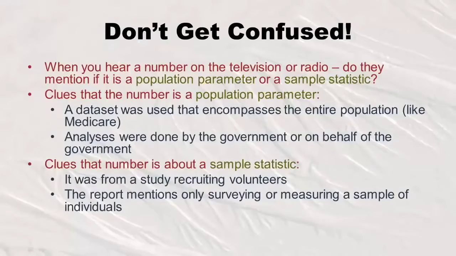They're never going to ask every single person in a state who they are going to vote for. They'll just ask a sample. So if you hear about a survey, you might even hear them say N equals maybe a few thousand people because that's all they surveyed. And so that's a clue that we're talking about a sample statistic rather than a population parameter.